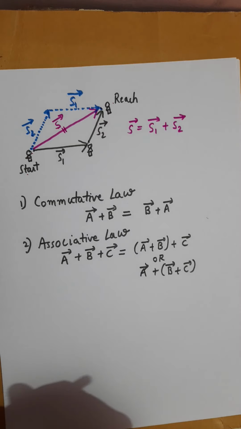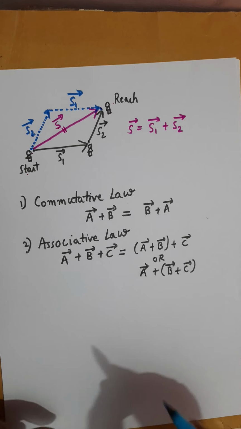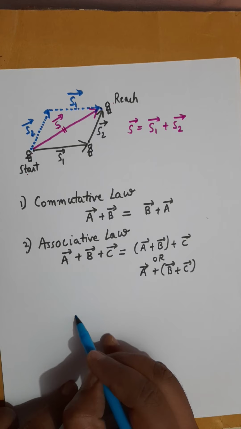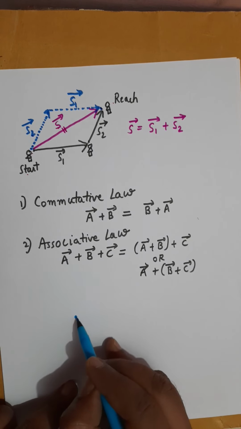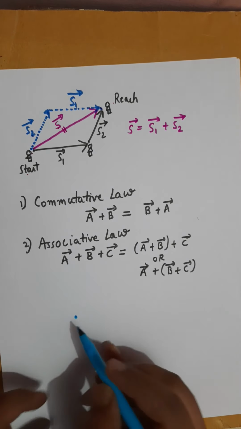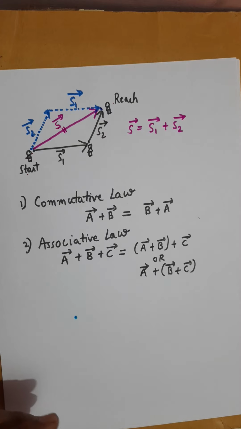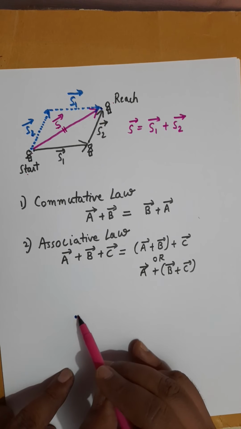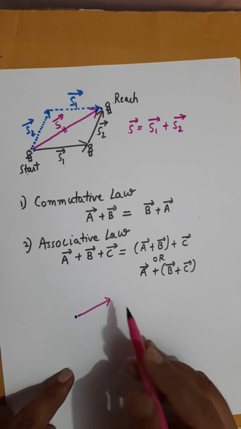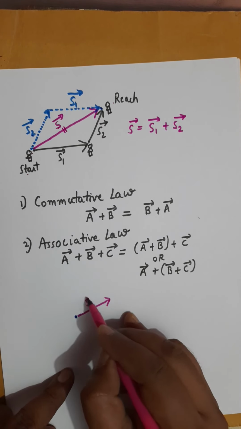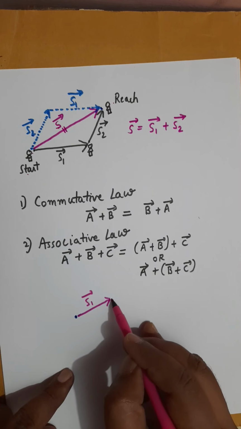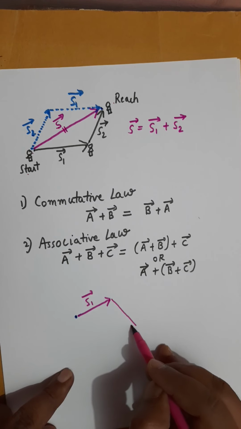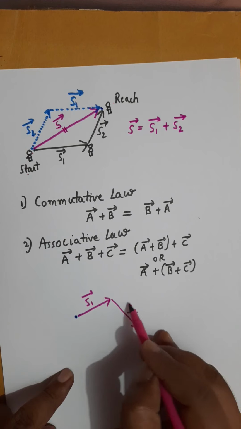For example, you start from here. Again, I will take the example of displacement, but the theory is generalized. Suppose you start from this point. You move in one direction, displacement 1, S1. Then you turn and move in some other direction, displacement 2.